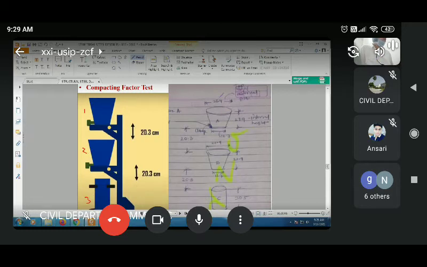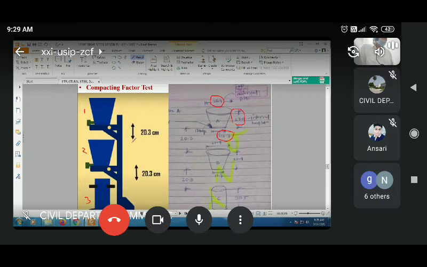The upper diameter of the top hopper is 25.4 centimeter and the bottom diameter is 12.7 centimeter, and the height of the upper hopper is 27.9 centimeter.